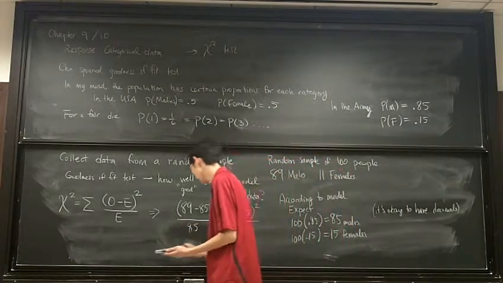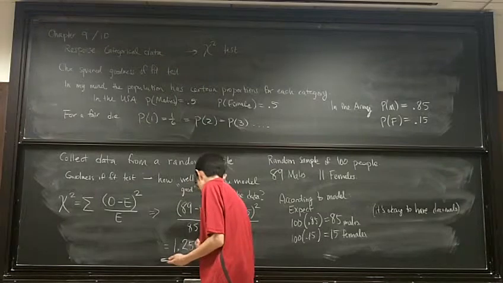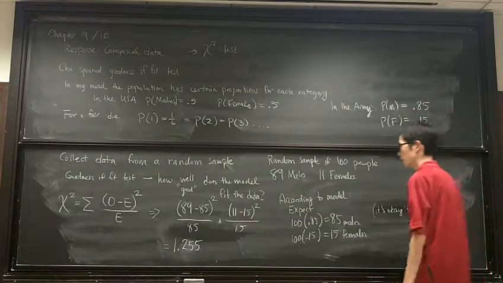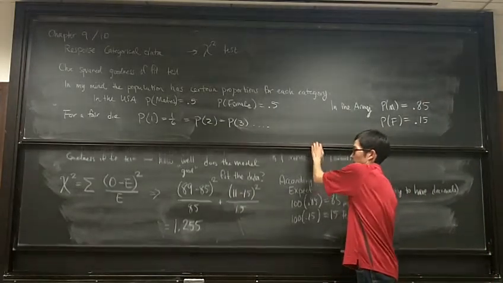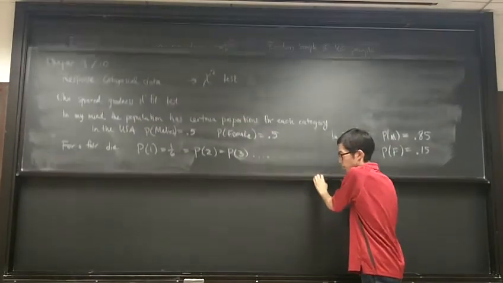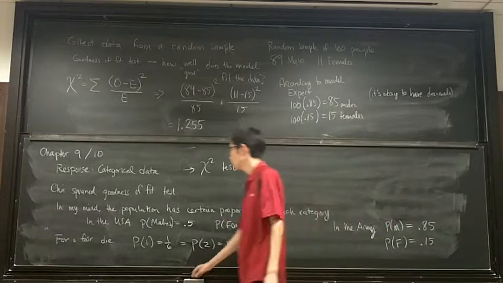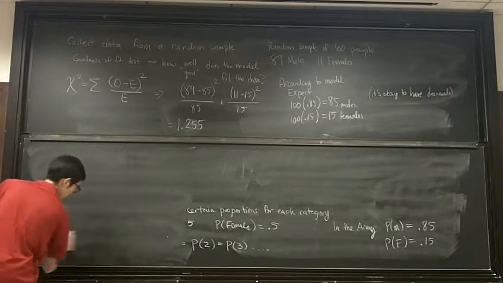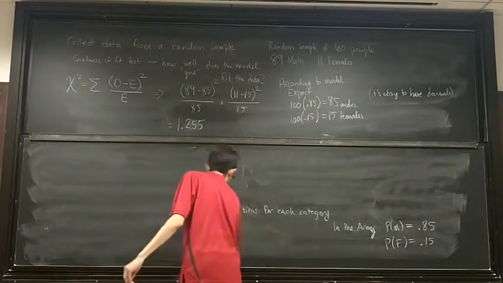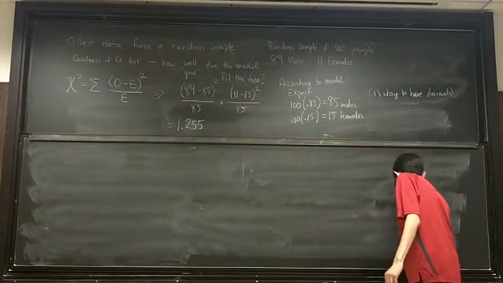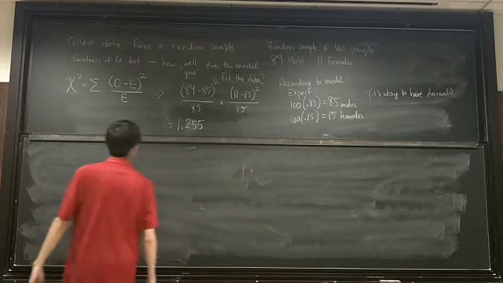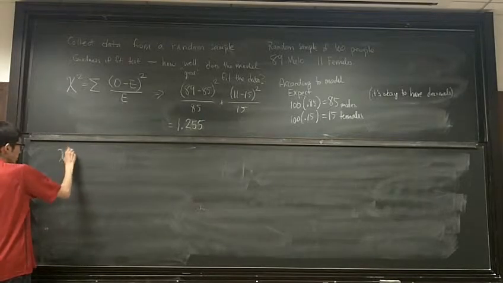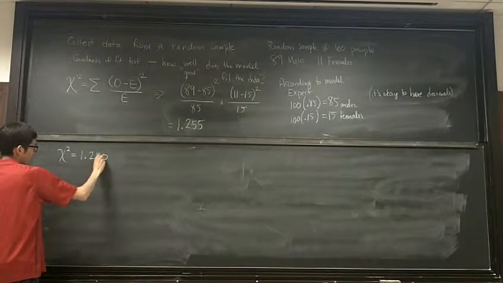Adding those two numbers together, I get 1.255. So my chi-squared statistic is 1.255.